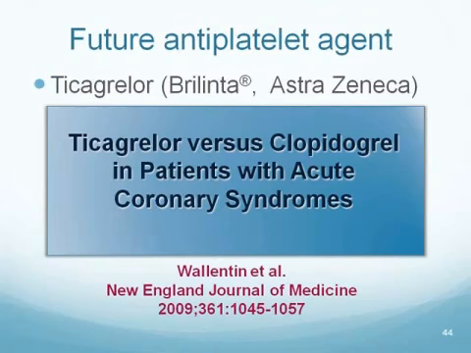The last antiplatelet agent I'd like to briefly discuss is ticagrelor. Now, ticagrelor is not approved yet by the FDA, but it is being considered. One of the major trials that looked at ticagrelor versus clopidogrel in patients with acute coronary syndromes was published in the New England Journal of Medicine in 2009.